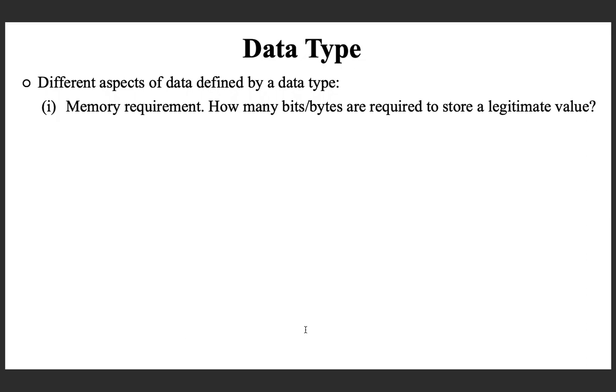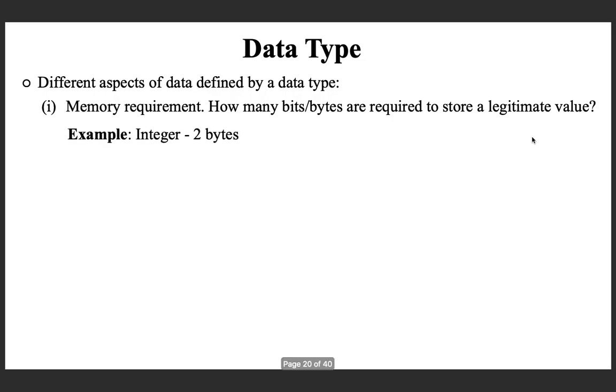There could be a special character which is not permitted in C language, which is not a legitimate value. A legitimate value is one in the defined or permissible set of objects. So the first aspect defined by a data type is the memory requirement for storing a value of that particular data type.